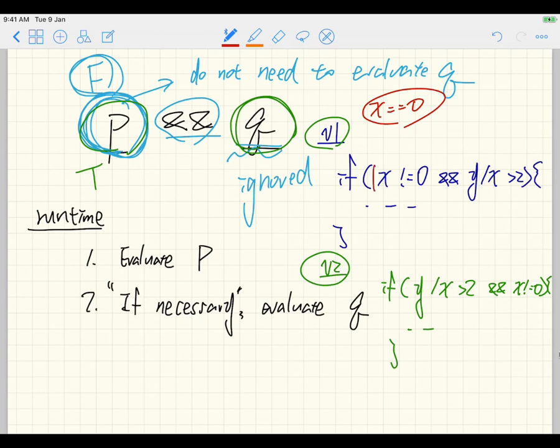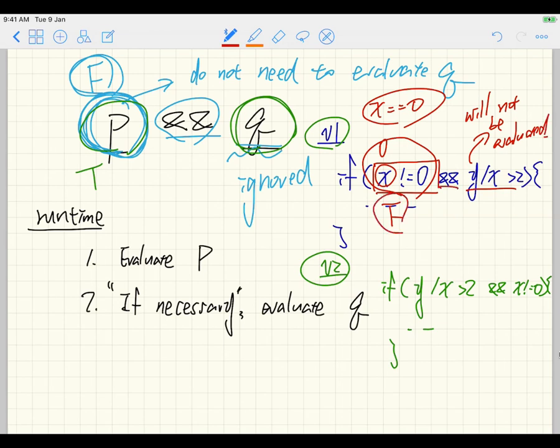On the left-hand side, x is 0, and 0 not equal to 0 gives false. So the left-hand side is already false. Because of the short circuit effect, we don't have to bother to evaluate the right side of the conjunction, because we know the overall conjunction will be false anyway.